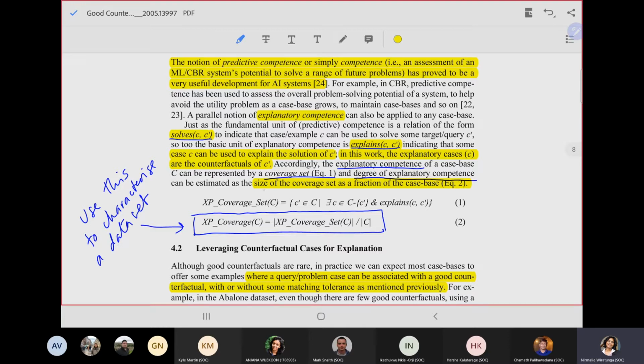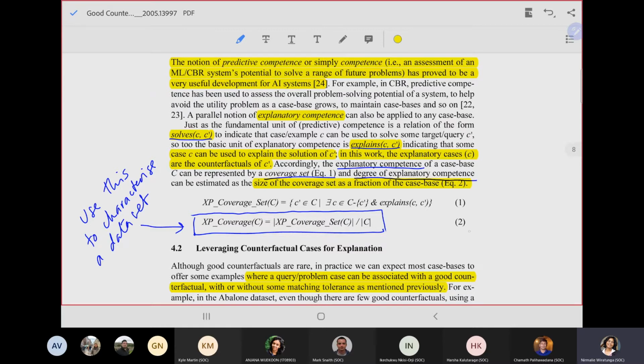So here what they say, C can be represented by a coverage set, equation 1, and degree of explanatory competence can be estimated as the size of the coverage set as a fraction of the case base, which is equation 2.